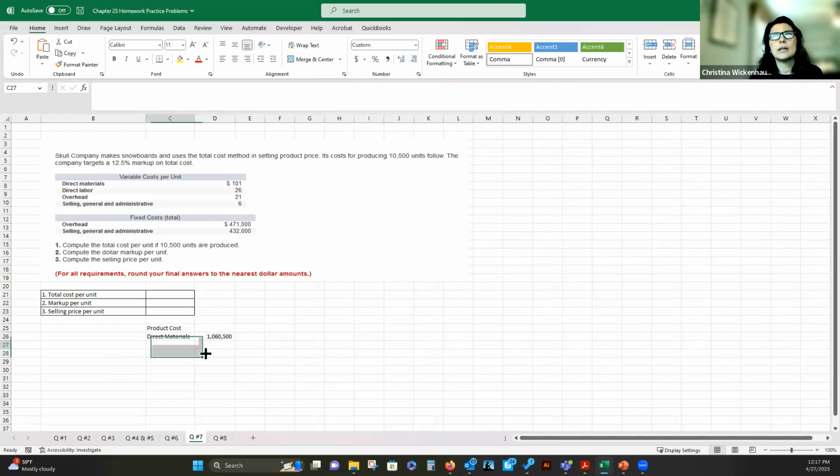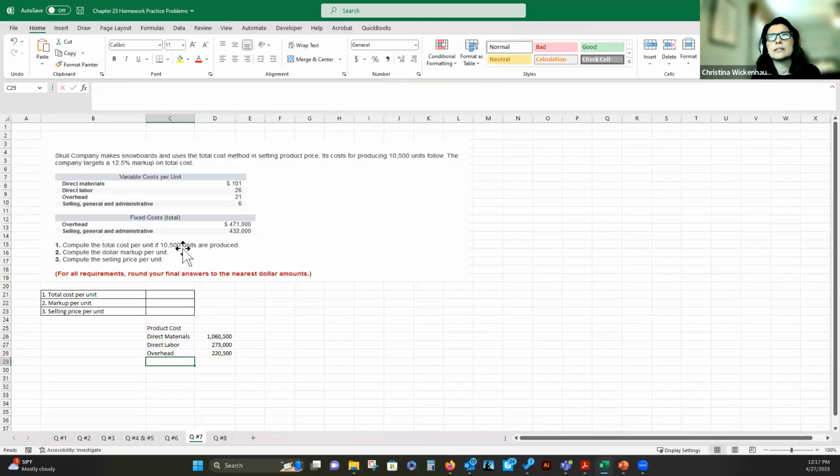All right, and then we have direct labor, which is going to be 26 times that 10,500 units. And then I'm going to take the overhead, which this part is variable. So again, 21 times 10,500 units.